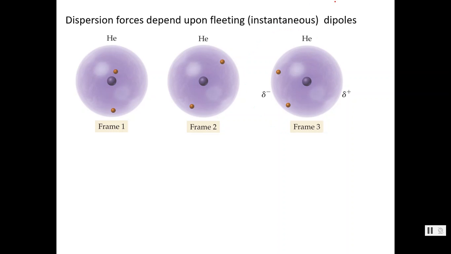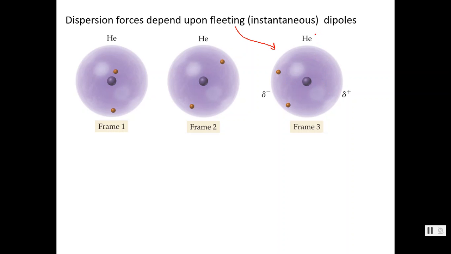So what this frame of 3 for helium illustrates is the possibility of a fleeting or temporary dipole, because you actually have in this helium atom an uneven distribution of charge, because you have both of the electrons for the helium. Remember, our electrons are negatively charged. I have 2 electrons on this side of the helium atom, no electrons on this side of the helium atom. So I have a dipole that's actually been produced in this helium atom.